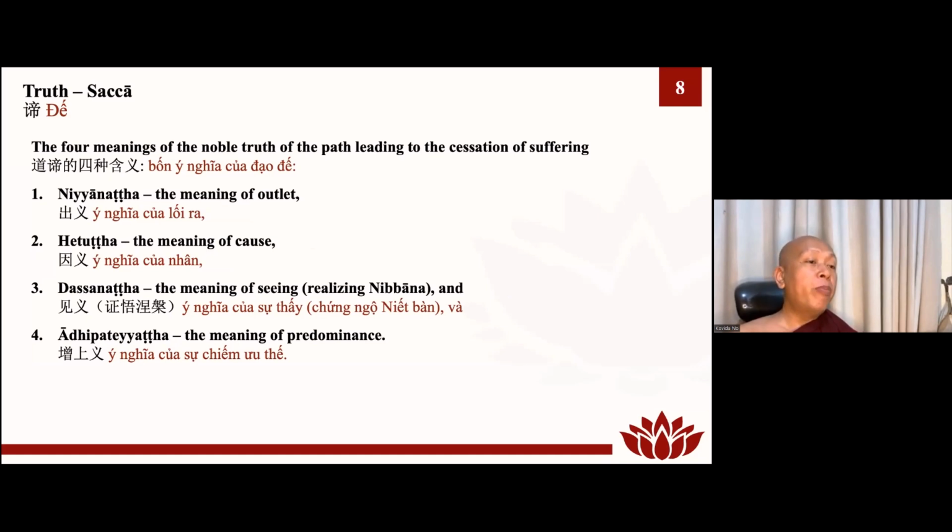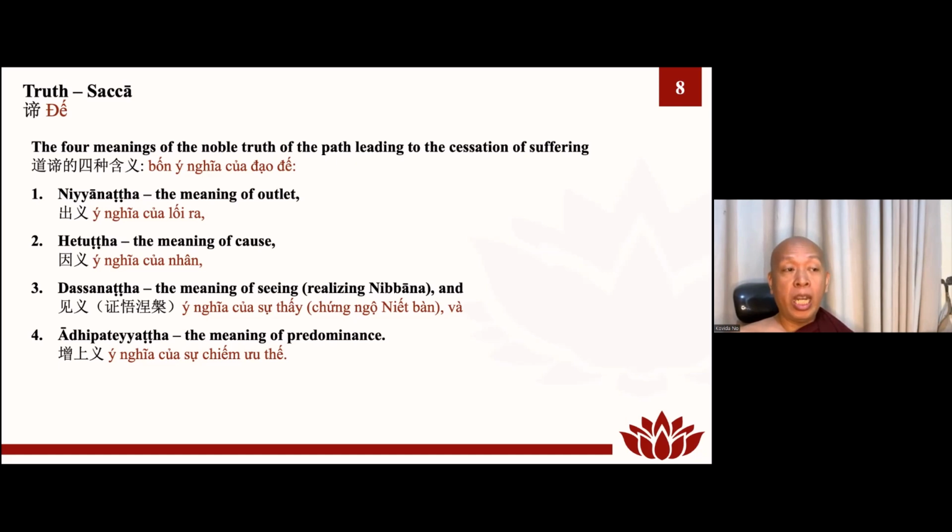The four meanings of the noble truth of the path leading to the cessation of suffering. They are mentioned: Niyyanatta, right? We call it Niyyanatta. That means the meaning of outlet. Actually, Niyyanatta means the reasons for release from suffering.